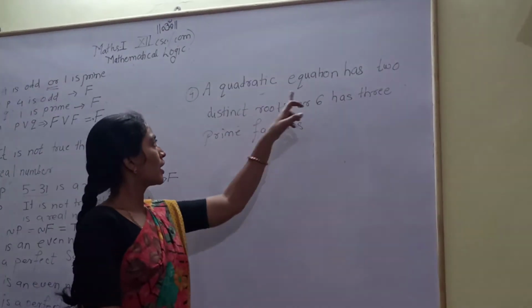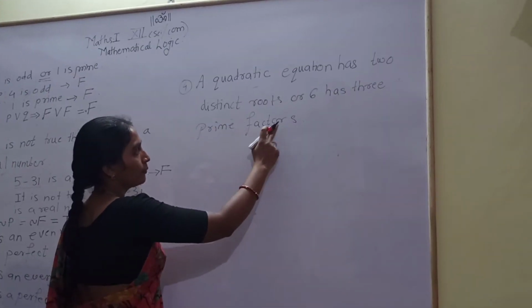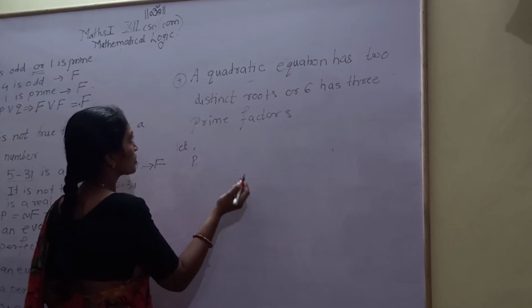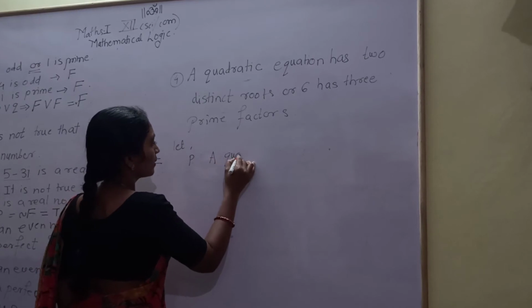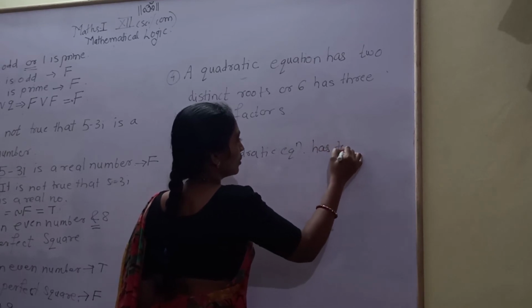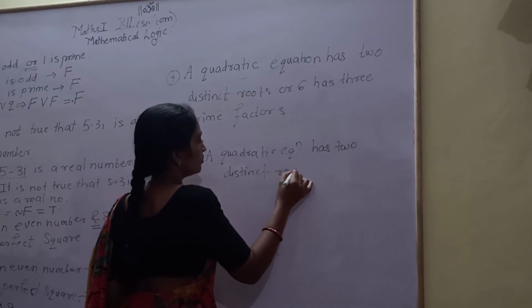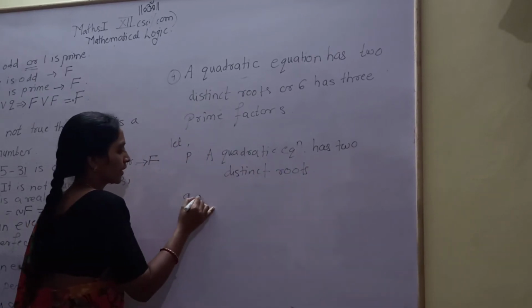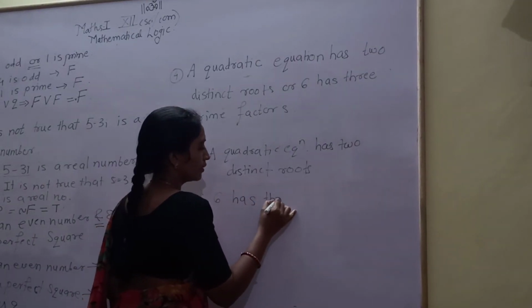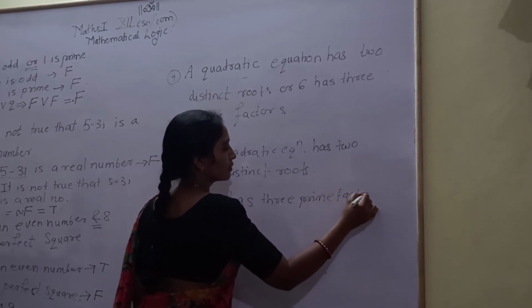A quadratic equation has two distinct roots, or 6 has 3 prime factors. First of all, let me separate these two statements. P: a quadratic equation has two distinct roots. Q, the second statement: 6 has 3 prime factors.